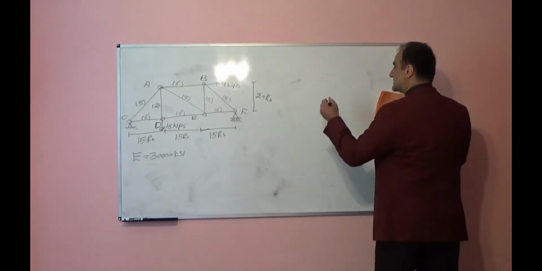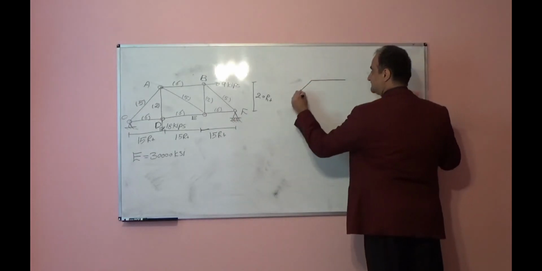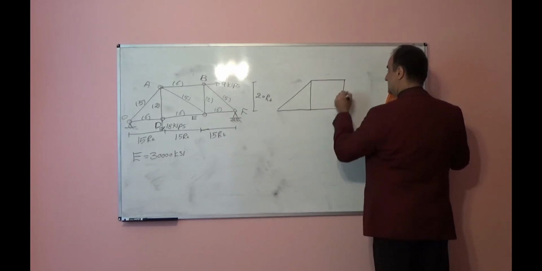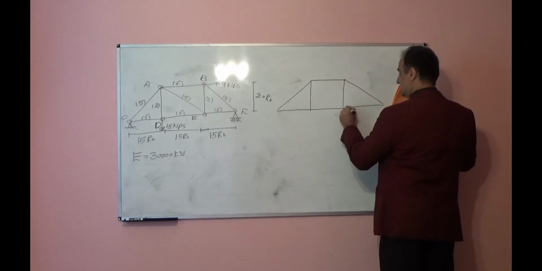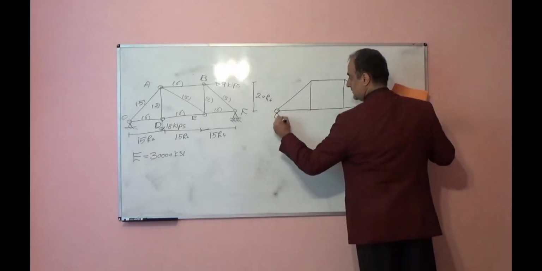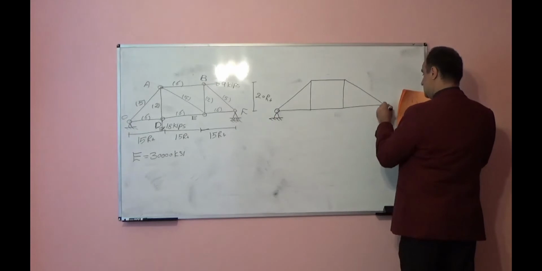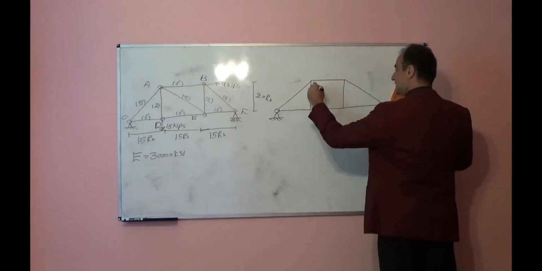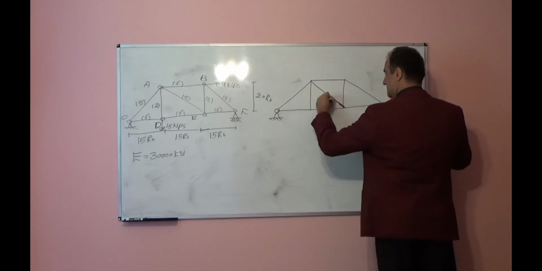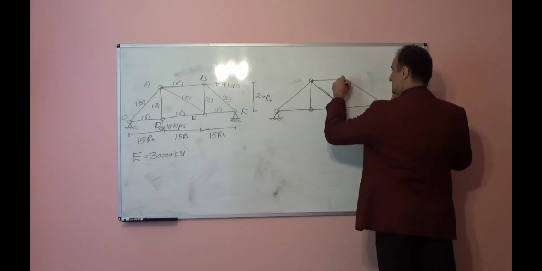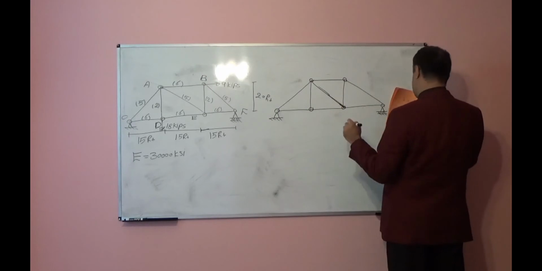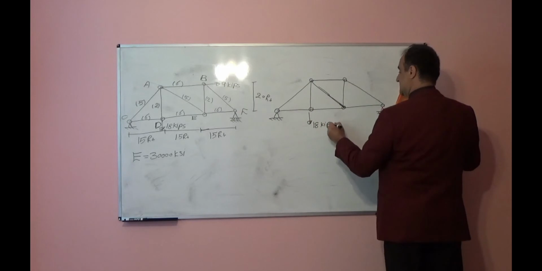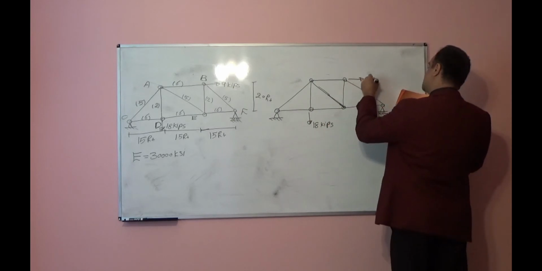Let's draw the truss one more time here. And here in this truss, you have external load, 18 kips here. And 9 kips here.